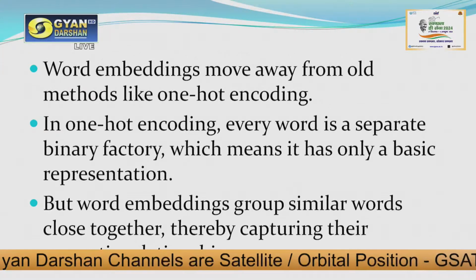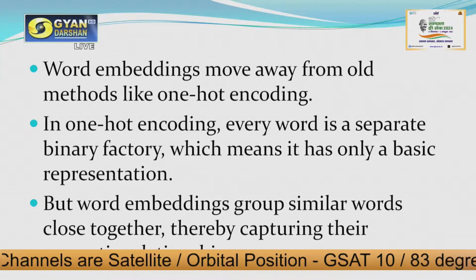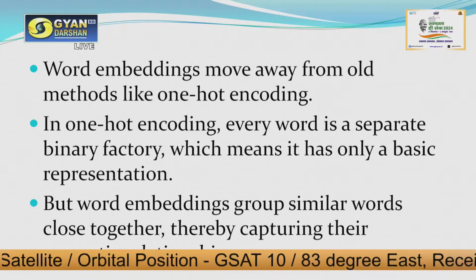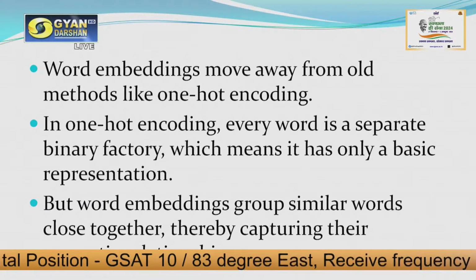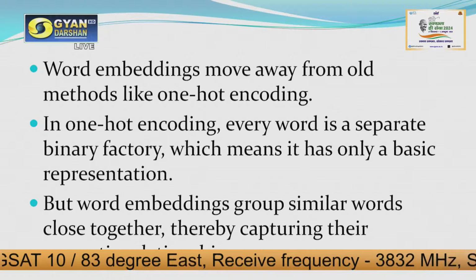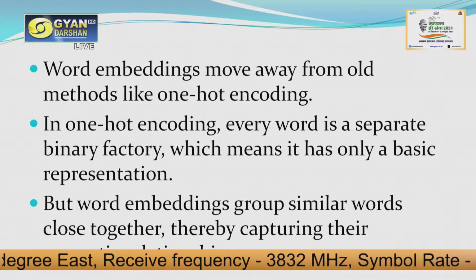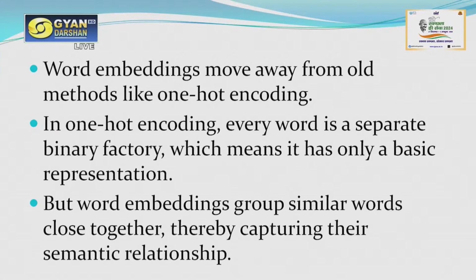Older methods like bag of words and TF-IDF have the drawback that they don't capture semantic relationships, or else they don't maintain the order of arrival of words. In the latest deep learning techniques like word embedding techniques, this has been taken care of.